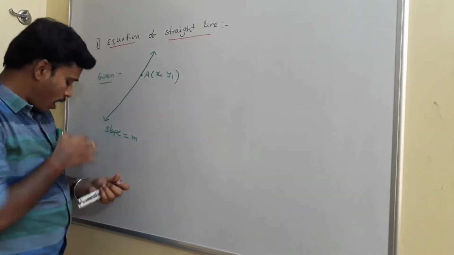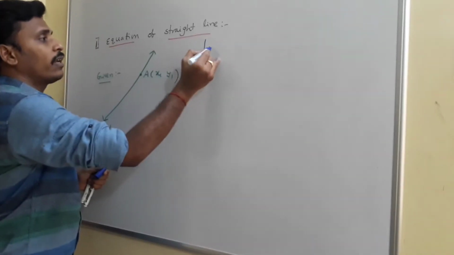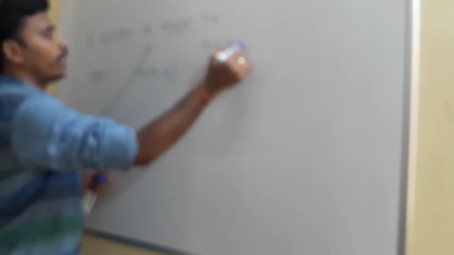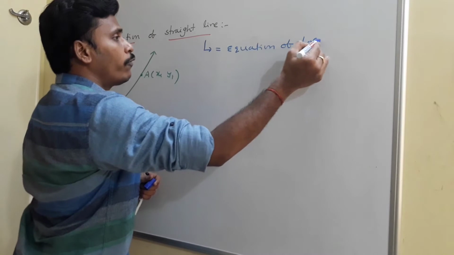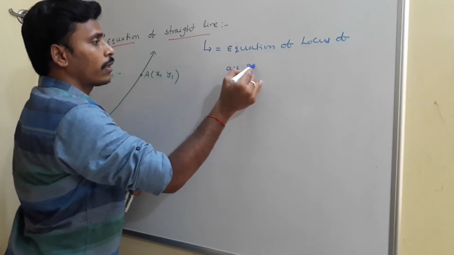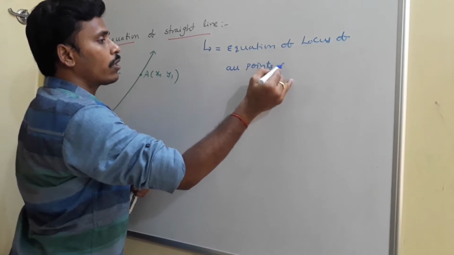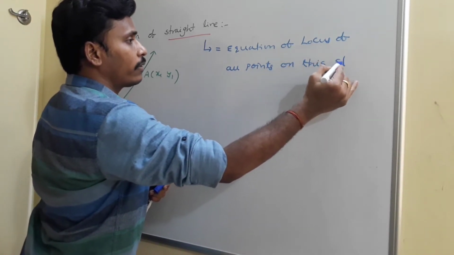That's what you need to understand first. Equation of this straight line is nothing but the equation of the locus of all points on this straight line. Is it clear?